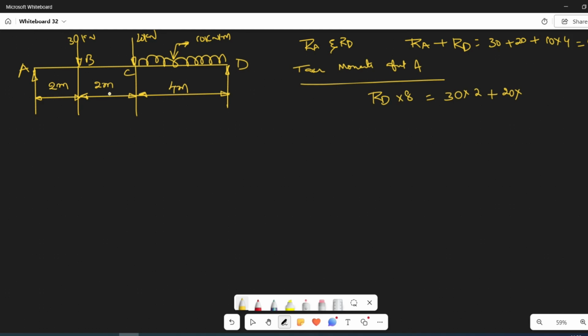Okay, this time, yes, the force acting here would be 10. Okay, for UDL, you have to multiply the intensity magnitude by the length. Okay, then you will get the magnitude of this force. Now, this force is going to act exactly at the middle.